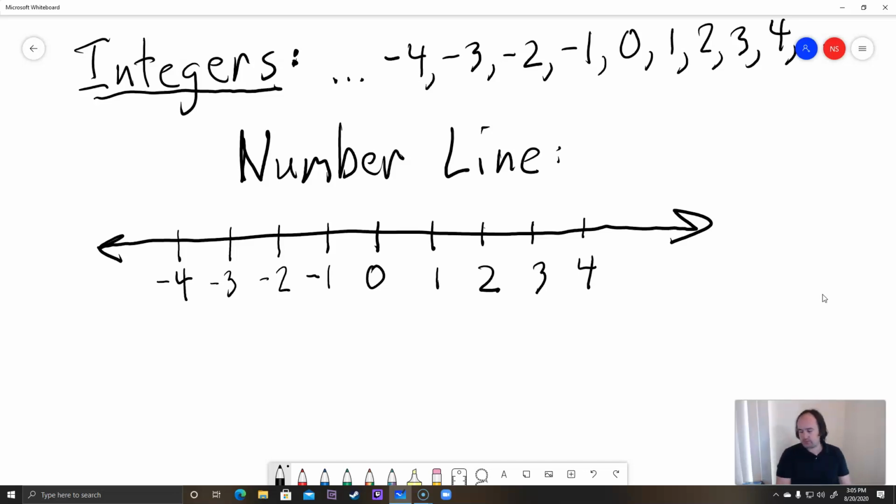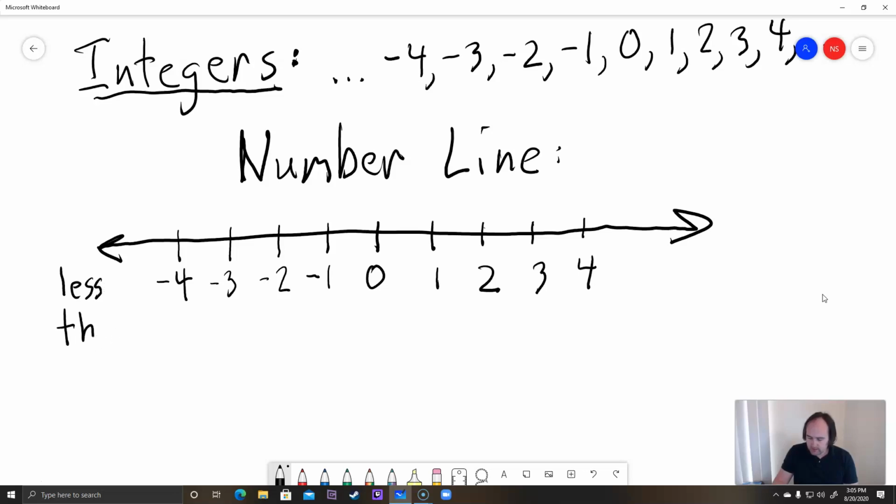But that's the picture. And the way this works is smaller numbers are to the left. Okay? So less than goes to the left.